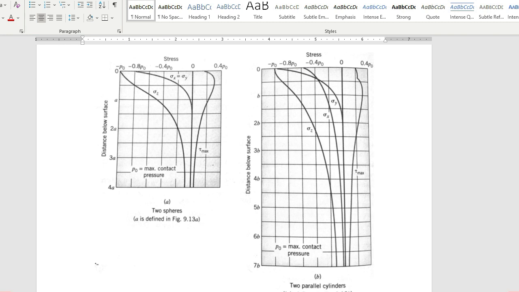Now, if we take a look at the cylinder-to-cylinder contact, we have this stress distribution, and because we have different geometry, we don't have symmetry in the x and y directions, then x is not equal to y except for at one point where they cross over. The stress in the z direction is equal to the max stress between those cylinder-on-cylinder contacts.